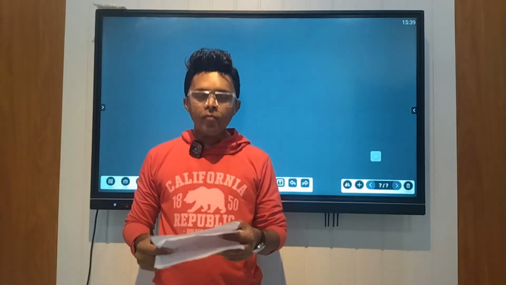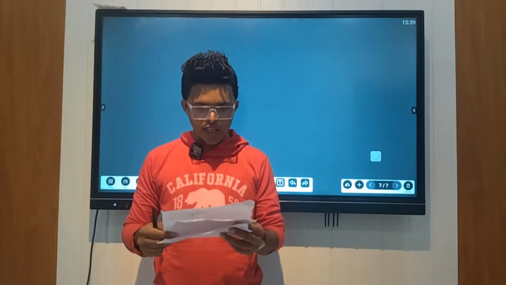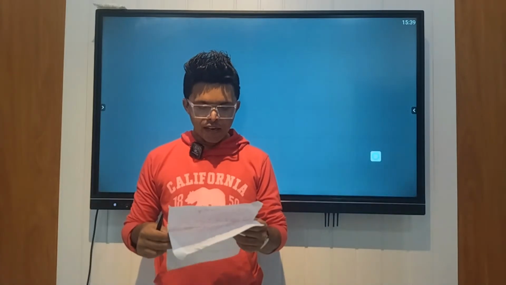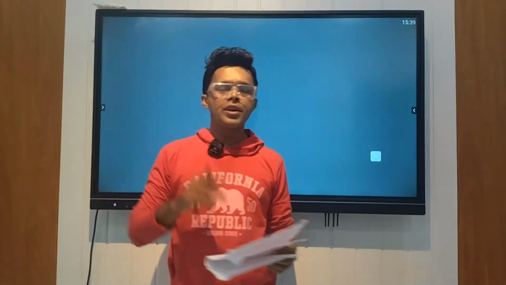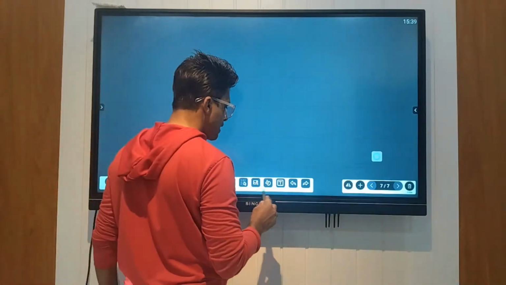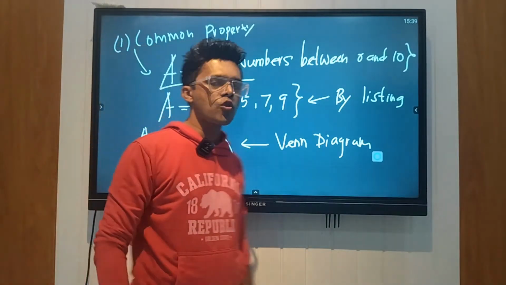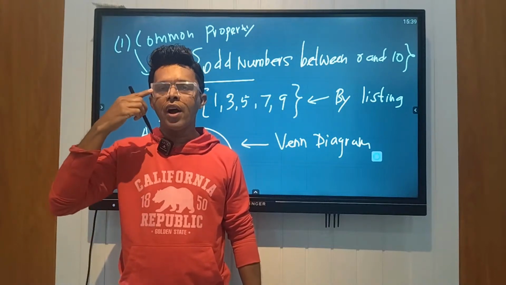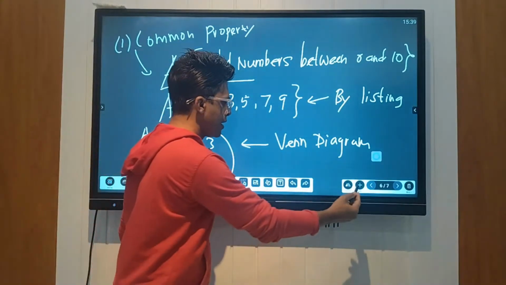First question: express each of the sets by writing all the elements of each set within curly brackets. So in the first question, you need to write the elements in curly brackets. The given set has been written by considering a common property, so we need to mention the elements here.